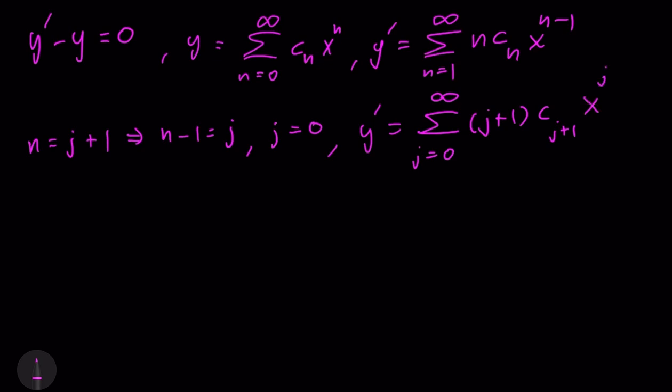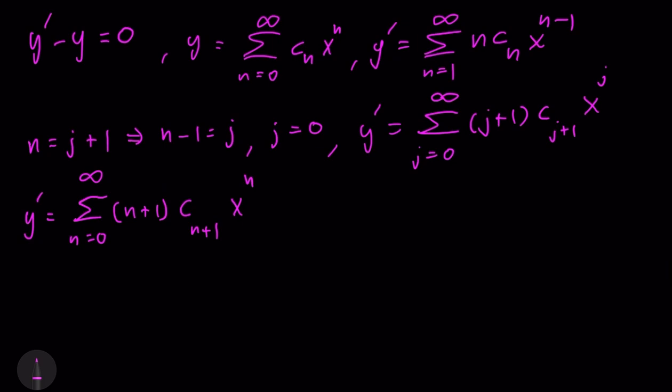But here, j is just a dummy variable, so let's replace it with n again. So y prime is the sum from n equals 0 to infinity of n plus 1, c sub n plus 1, x to the n.